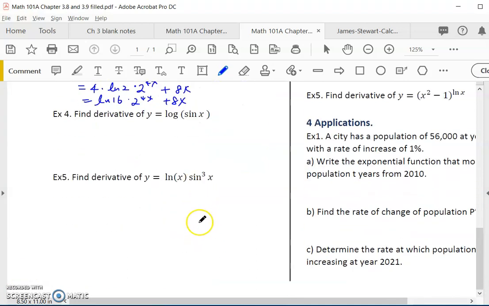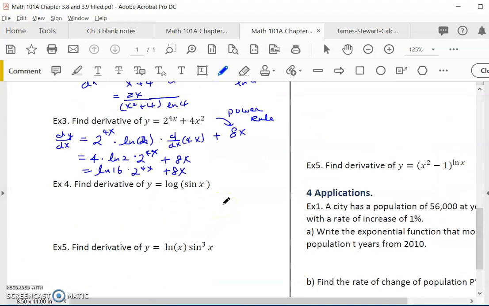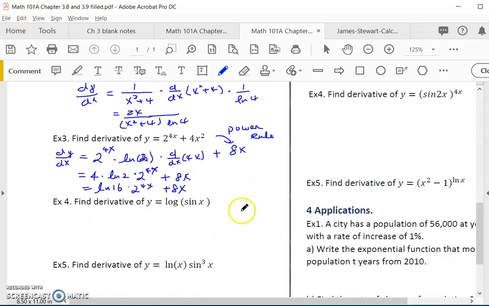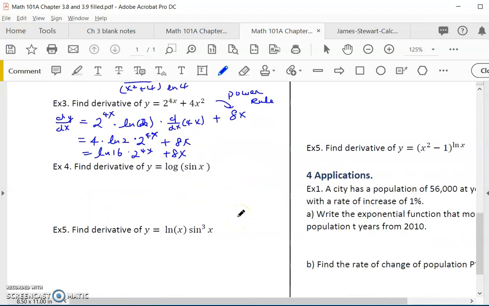We have 2 more. Do we have enough time to do both of them? Let's just do one. Maybe the last one, we'll do in class. So y is log of sin x. If you have log but no base, that means the base is 10. Okay, so the inside is sin x.